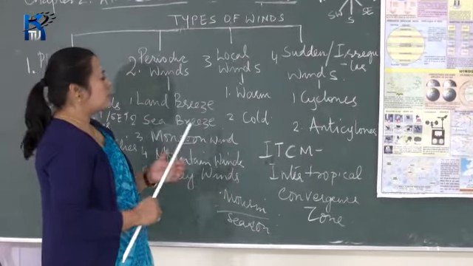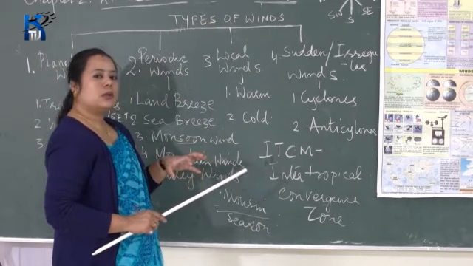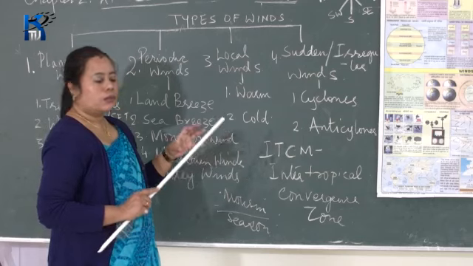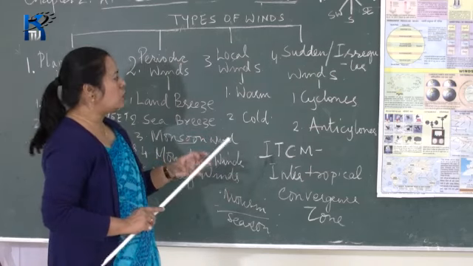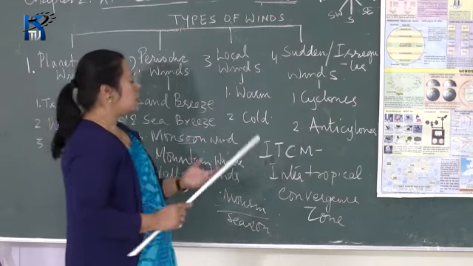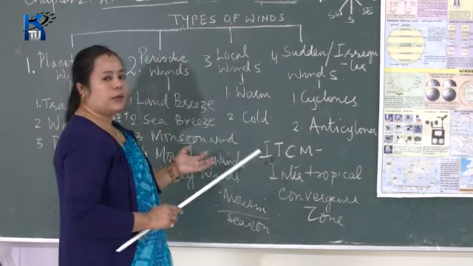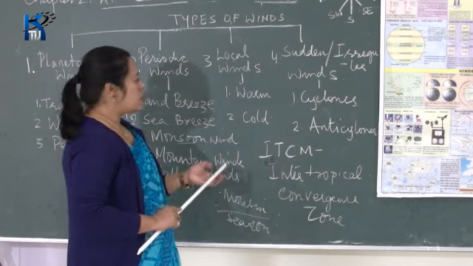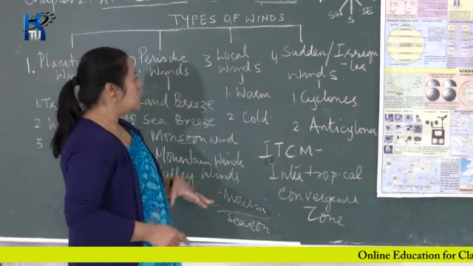Local wind means winds blowing locally in one particular area, because of unequal heating and cooling, or because of the presence of high pressure and low pressure.